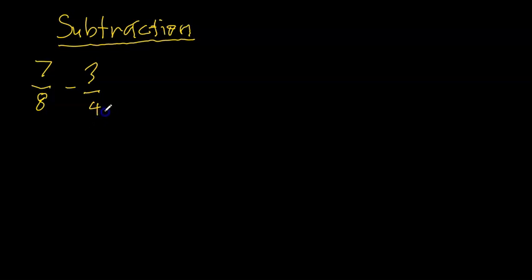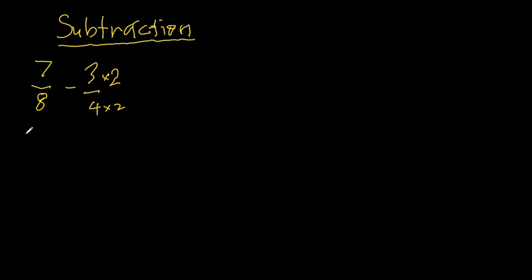So here, if we multiply 4 by 2, it will become 8. As soon as we multiply by 2, we have to remember to multiply the numerator also by 2. Once you are able to do this, you haven't changed this a bit. It's the same thing. You've just written the equivalent fraction, right?